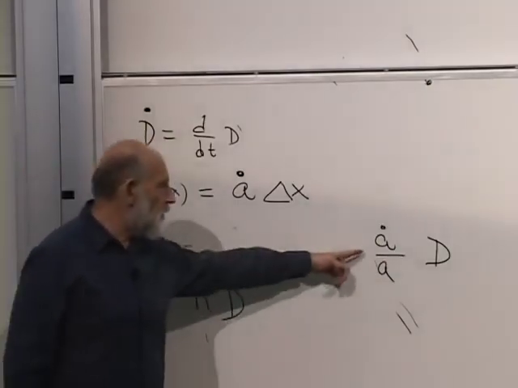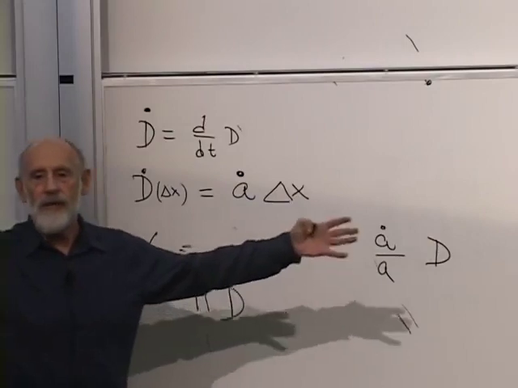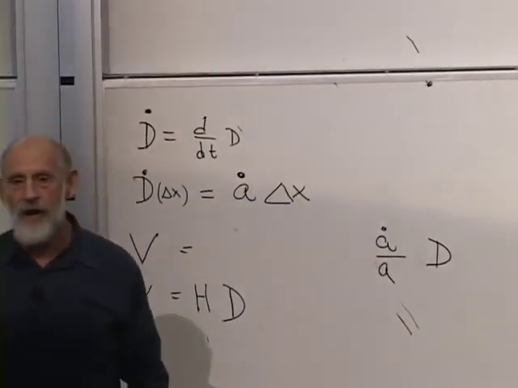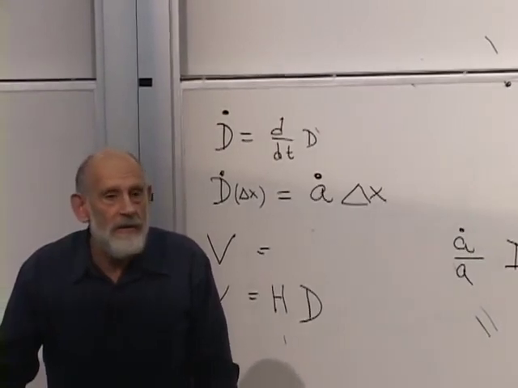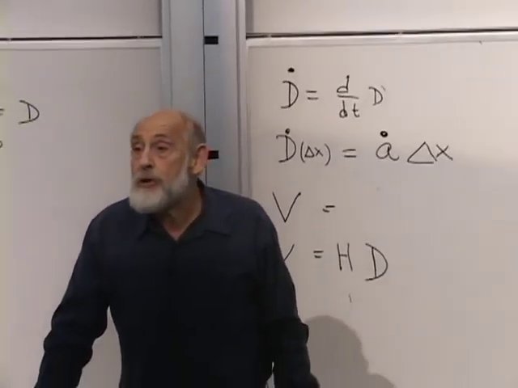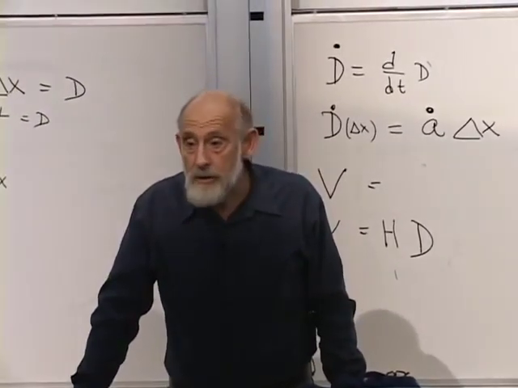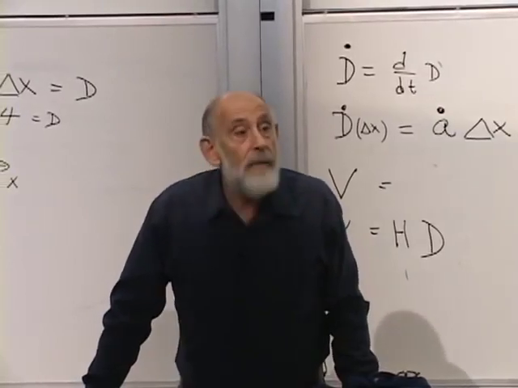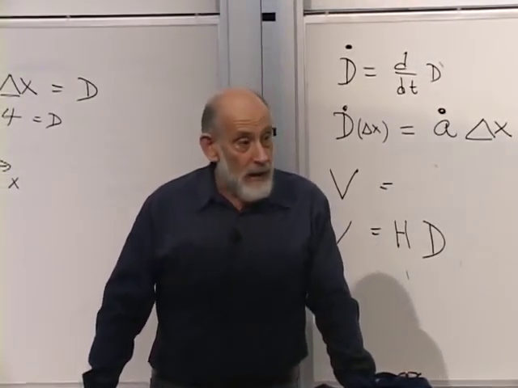Now, is this necessarily constant if the universe is expanding and contracting or doing whatever the devil these giants have decided to do? Is a dot over a a constant? No, it changes with time. But it doesn't change with position. It's a constant in the sense that it's the same everywhere, but it is not a constant in the sense that it does not depend on time.